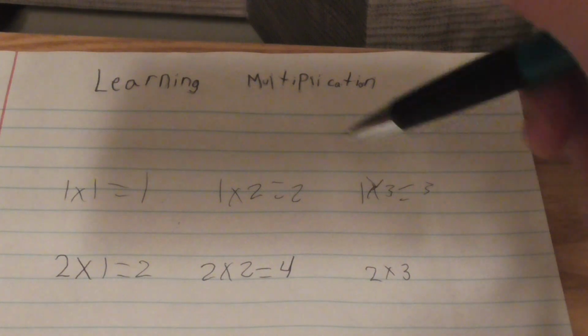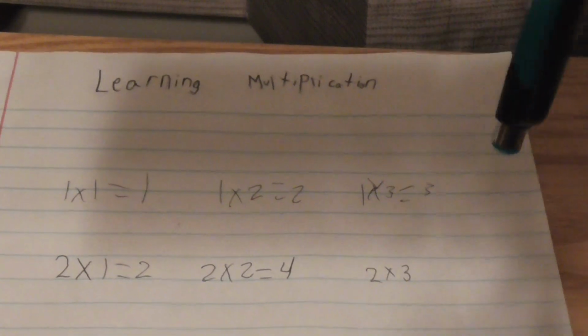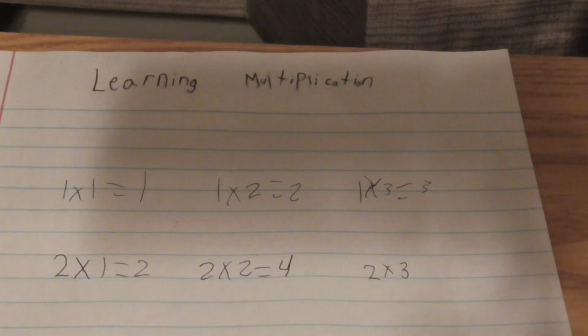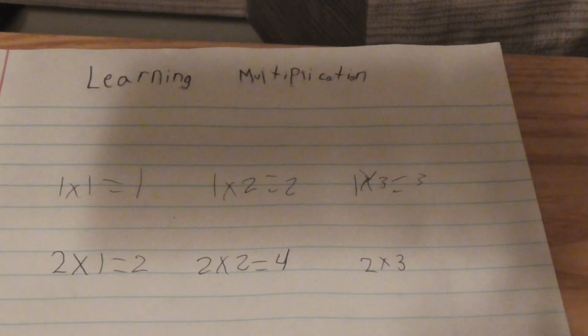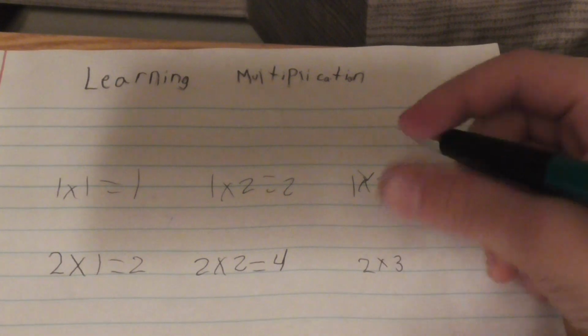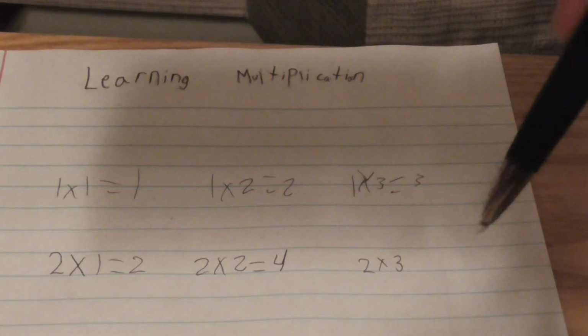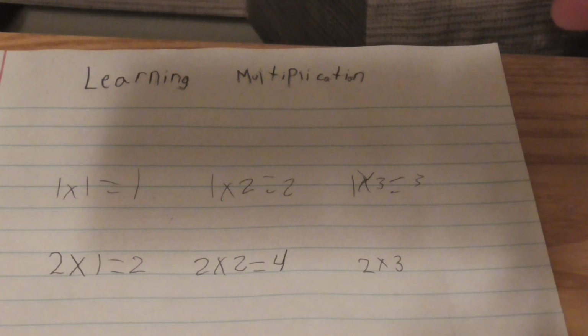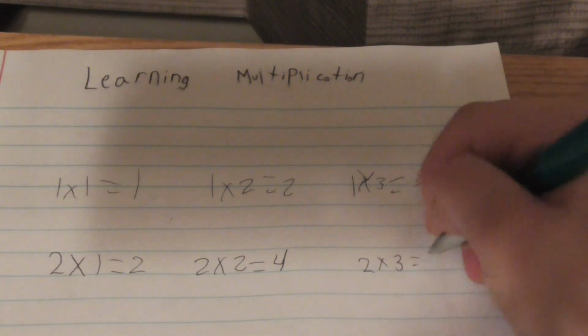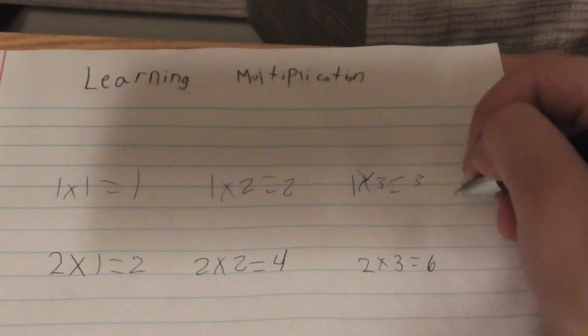Kind of like a number string. Now, once you solve 2 plus 2 plus 2, aka 2 times 3, I'll give you a second to solve it. It is 6. 2 times 3 equals 6.